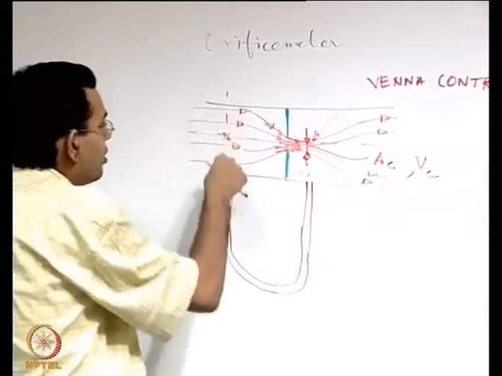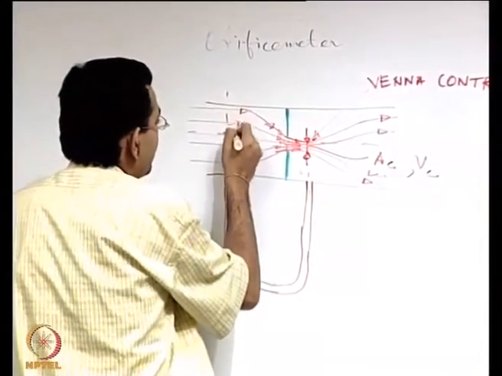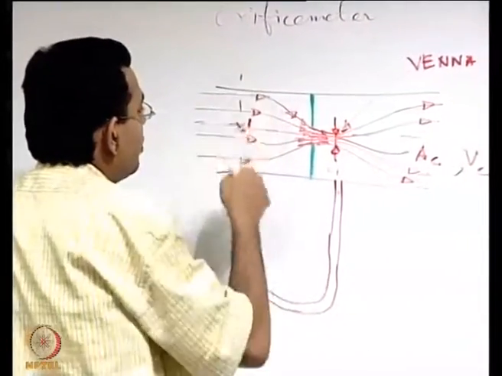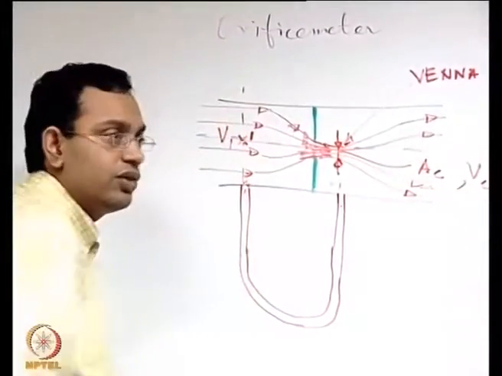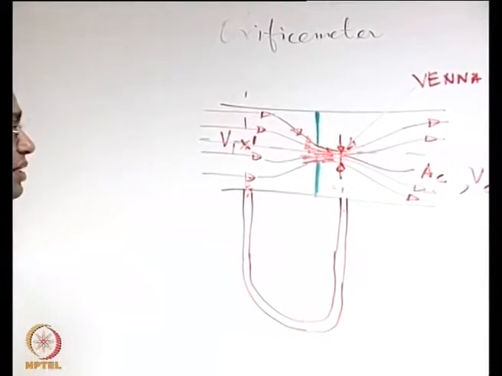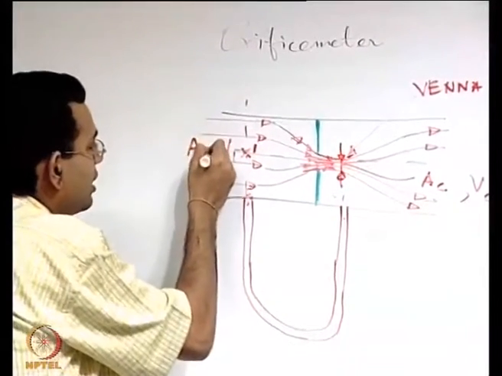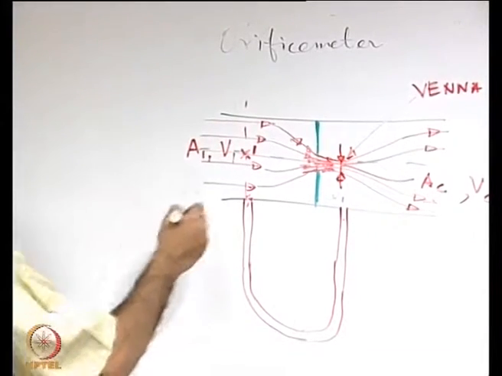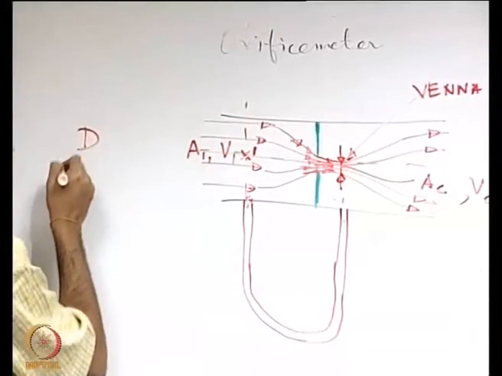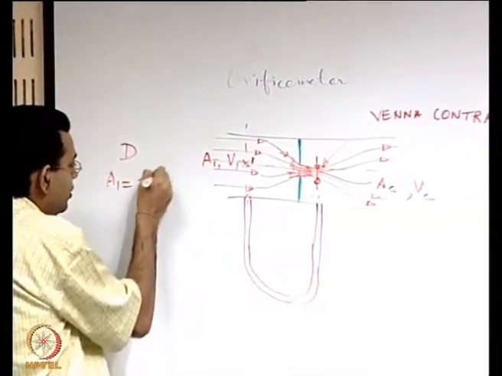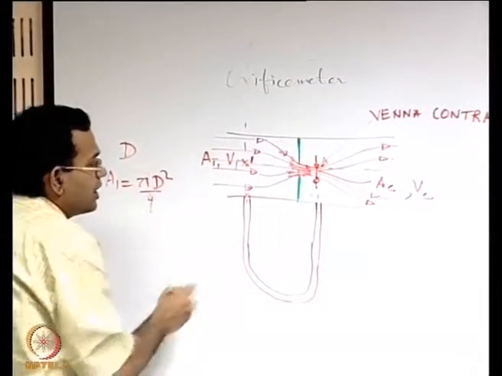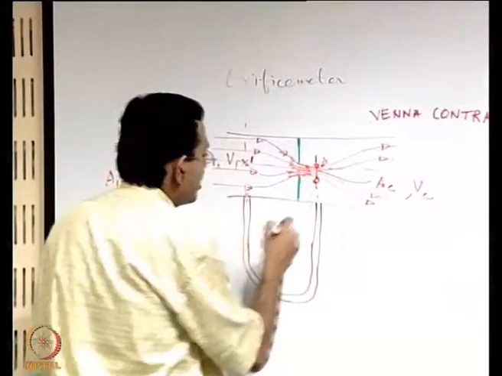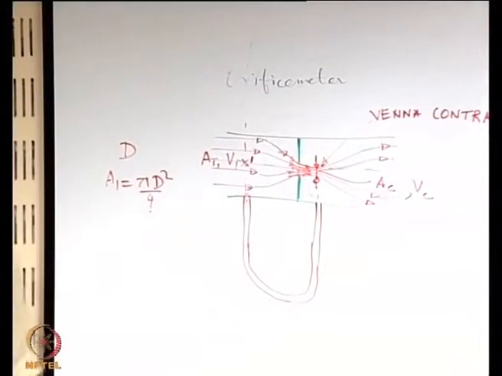Now here also let us say we consider this as section 1 or maybe a point 1 on the section 1, but if it is a uniform velocity profile we consider V1 to be same throughout the section. Let us consider A1 as the area of cross section, which is basically, if capital D is the diameter of the pipe, then A1 is pi capital D square by 4. Let us say that small d is the diameter of the orifice, and let us utilize the subscript O to indicate the orifice.